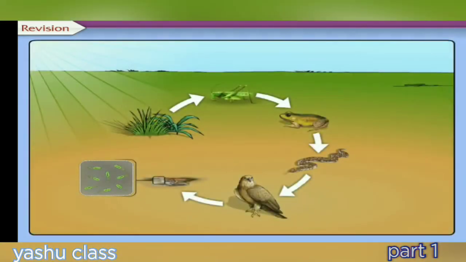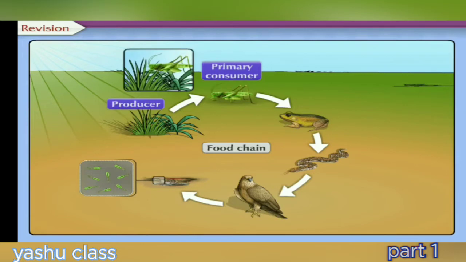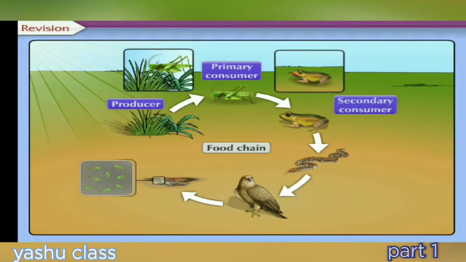Now see this picture over here. This picture represents a food chain in an ecosystem. This food chain begins with a producer. The grasshopper shown over here is a primary consumer which feeds on the producer. The grasshopper is then eaten by a frog which is a secondary consumer of our environment.